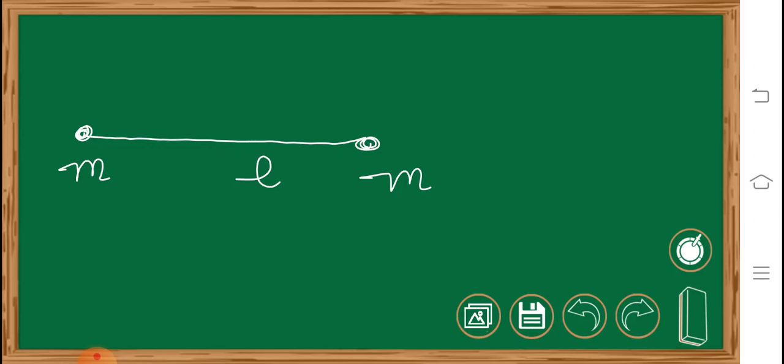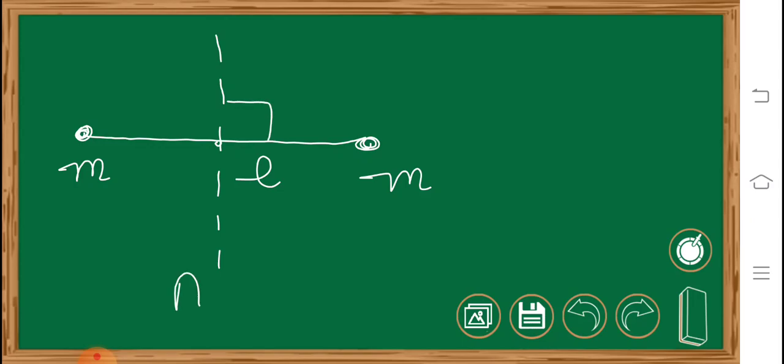Suppose this is a mass m, this is another mass m, and they both are separated by a distance l, and there is a line which is perpendicular to the line joining the masses and bisects them.